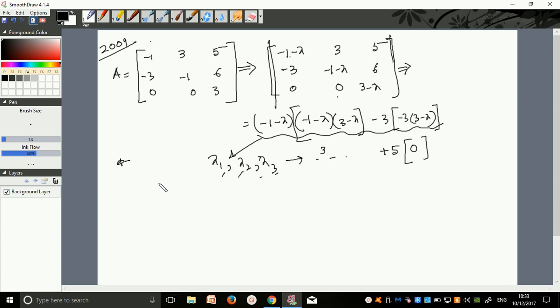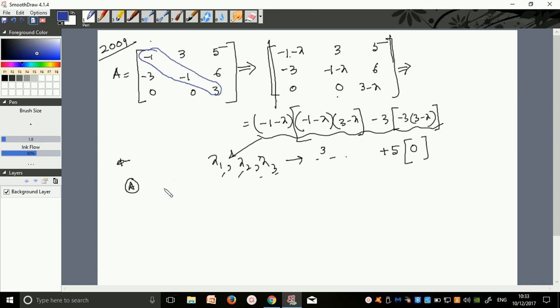This is the ordinary way to do this. Ordinary people think like that, but as you are appearing for GATE, your thinking scale should be different. You will have to use some of the tricks that I have already told you. You need to know some tricks. What is that? That is a property of the matrix.